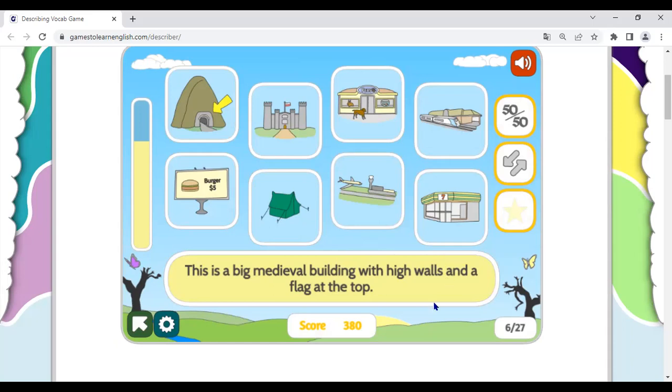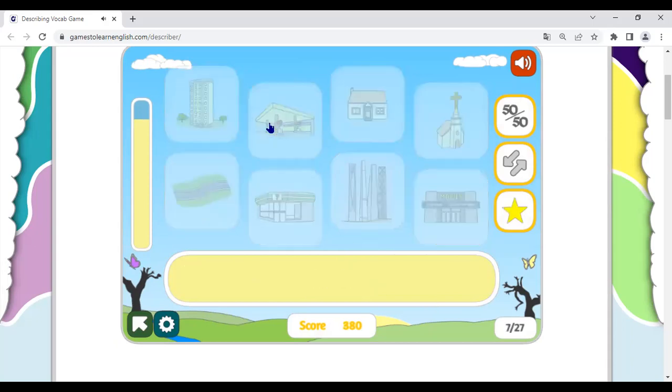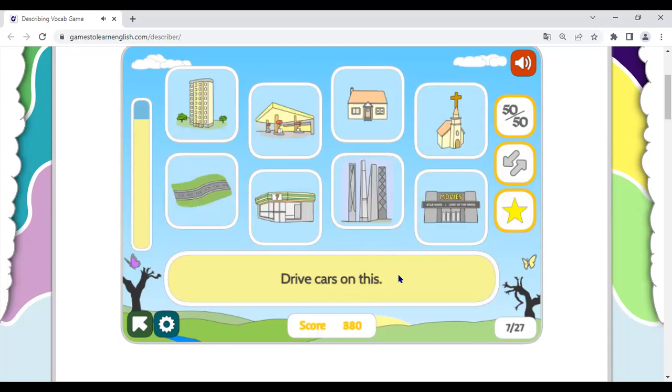Okay. This is a big medieval building with high walls and a flag on the top. Castle. Correct. Listen to the pronunciation, Carlos. Castle. Yeah, you don't say the T. Castle.